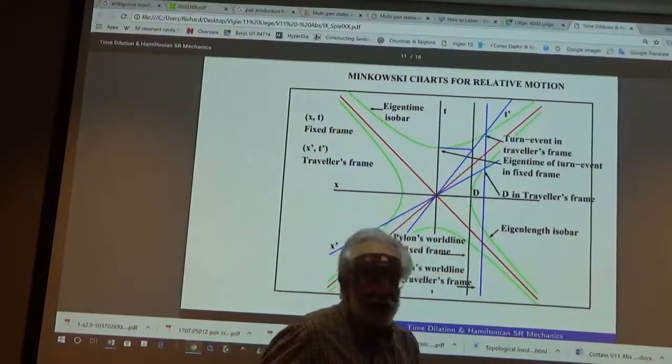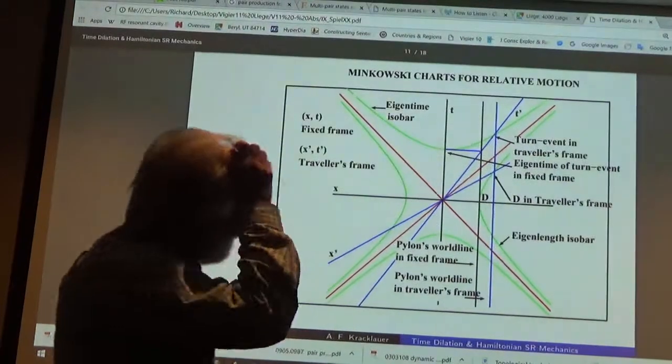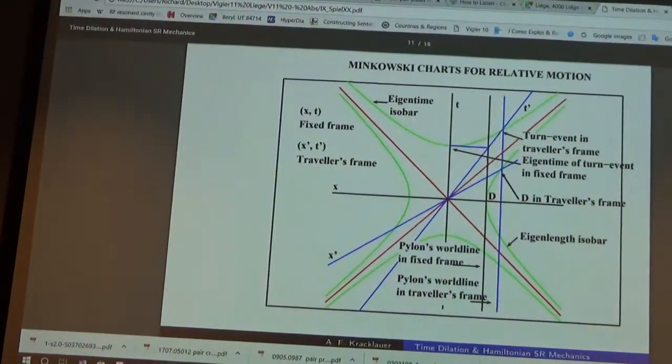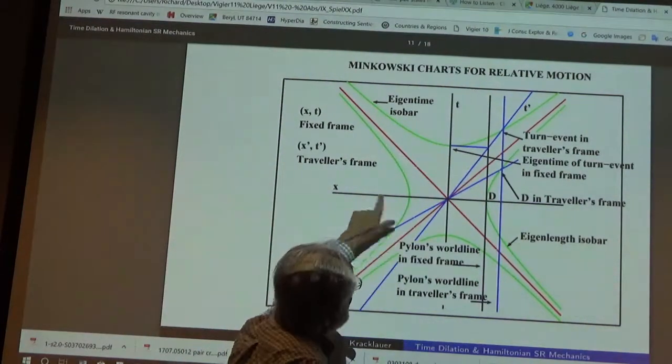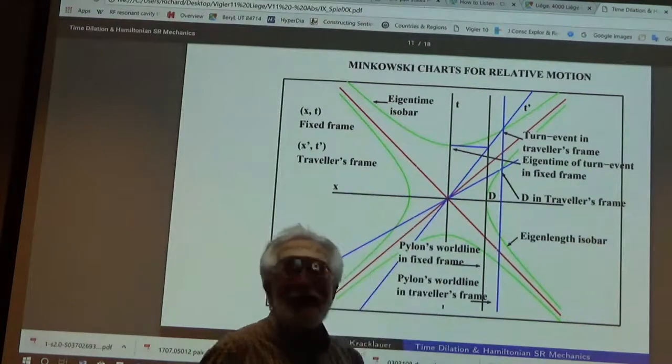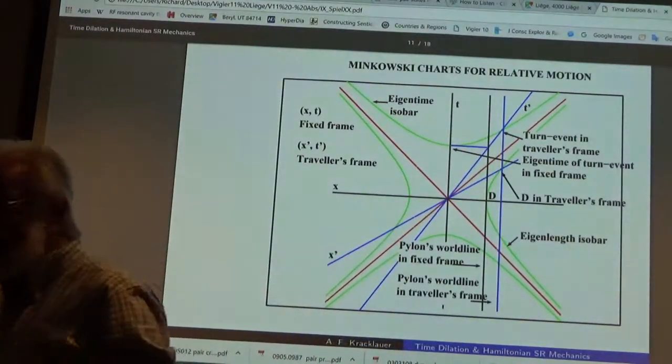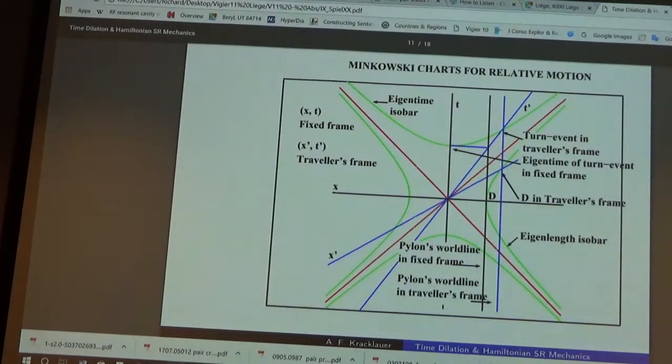That's distance d. Now, the next thing to look at is the green lines. The green lines are the isobars. And the green lines tell you where a given point on the black chart winds up when you take the same value and put it on the traveler's chart. So the question is, where is the pylon on the traveler's chart?